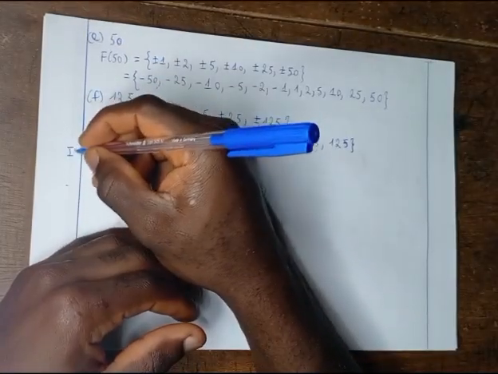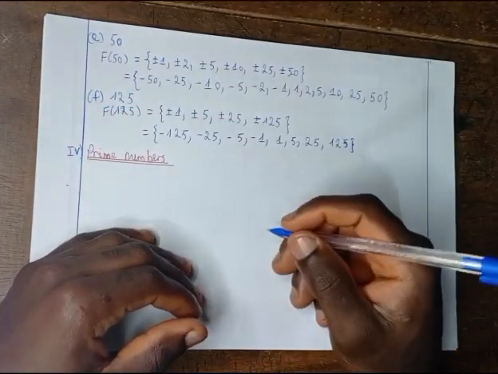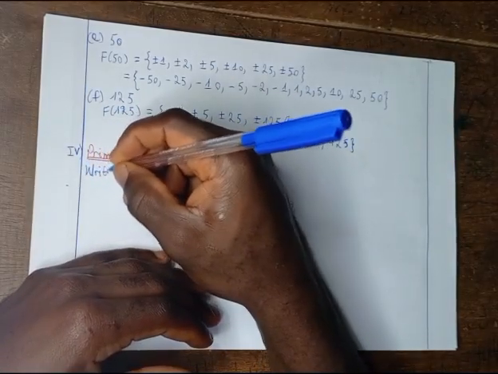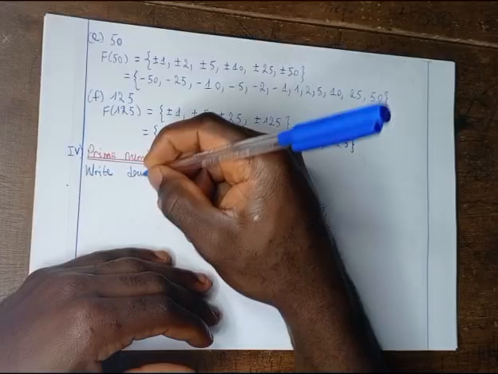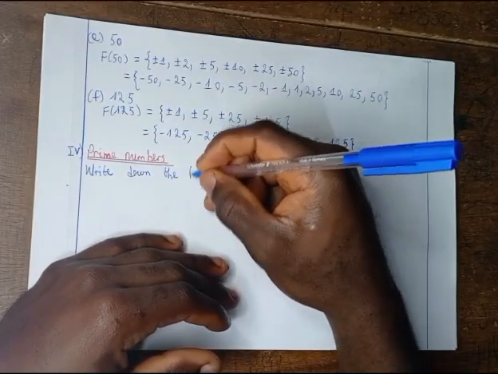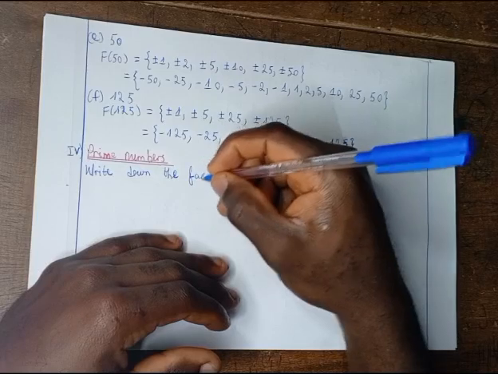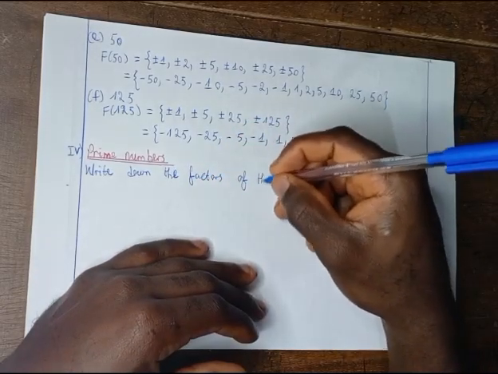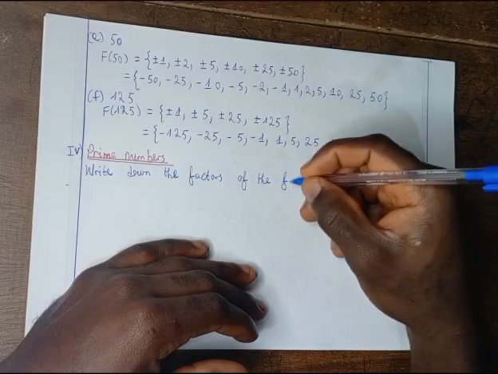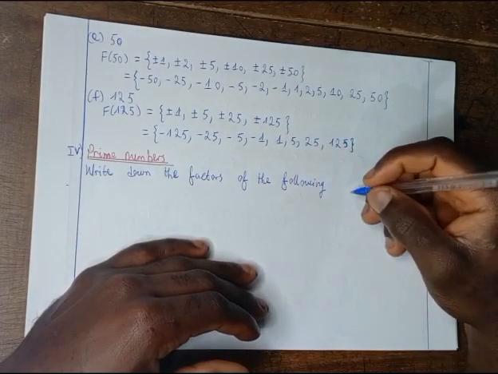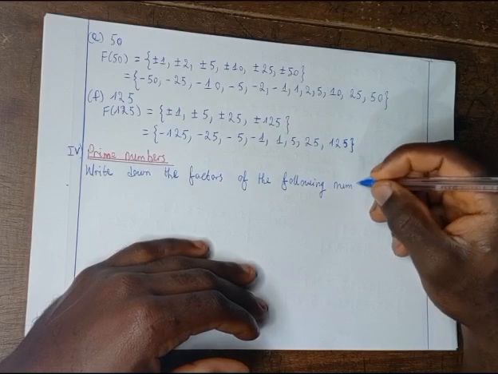Exercise IV: write down the factors of the following numbers.